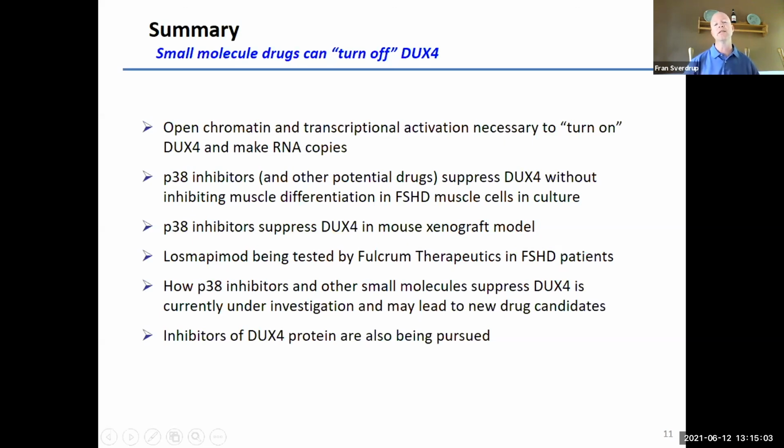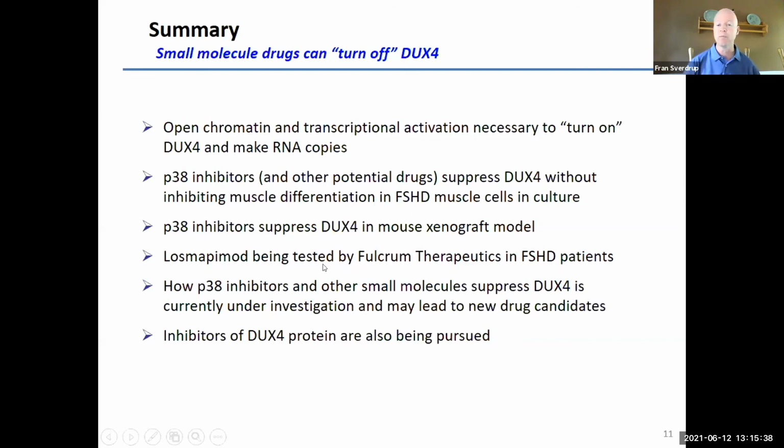And that's why it doesn't happen in normal cells, because the chromatin is shut all the way. P38 inhibitors and other drugs can suppress DUX4 without inhibiting muscle differentiation in FSHD muscle cells in culture and in our xenograft model. So those are very important when we're trying to find a drug, that any drug that inhibits DUX4 doesn't disturb the normal muscle differentiation program.